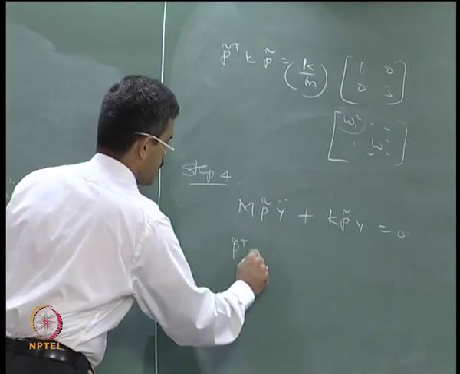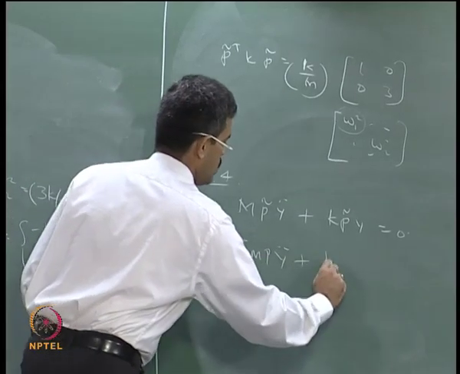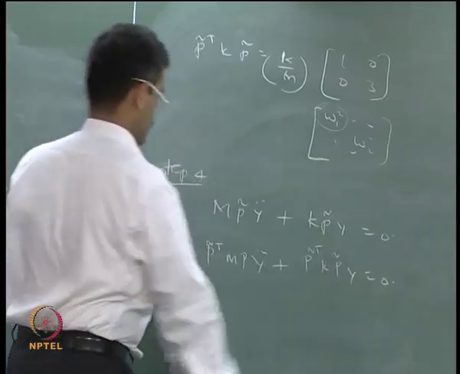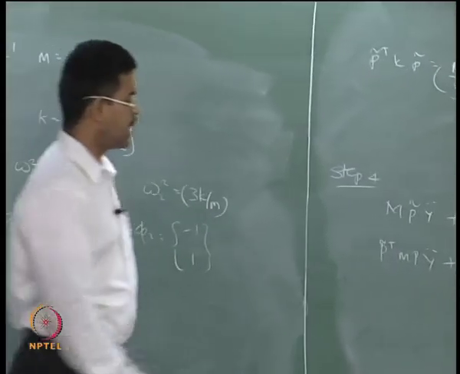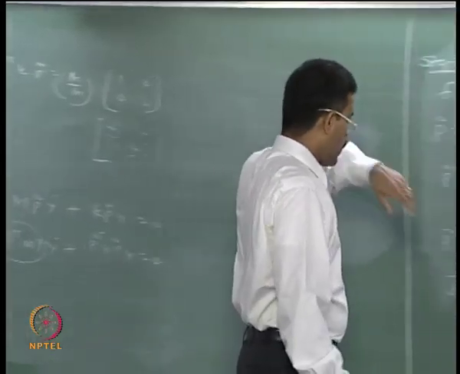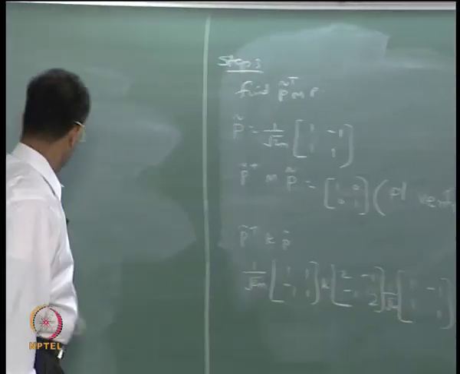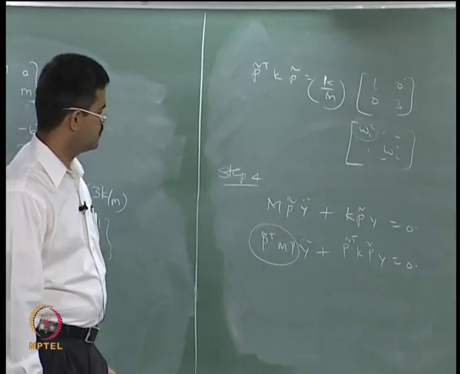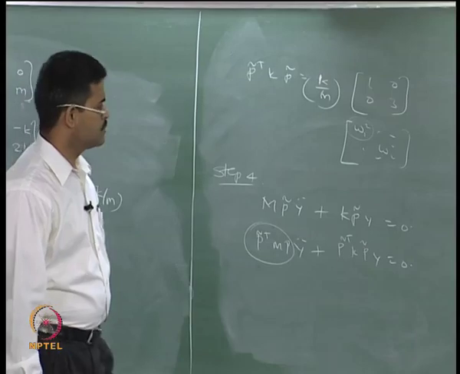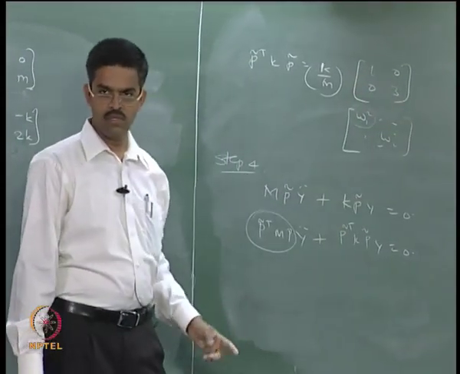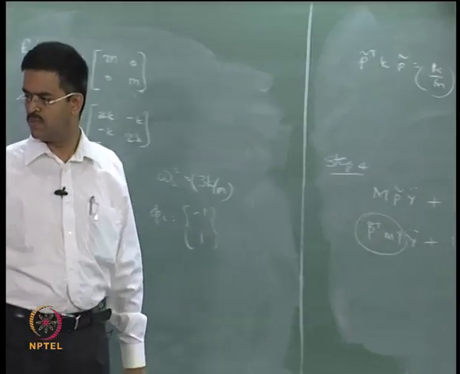So p tilde transpose m p tilde of y double dot plus p tilde transpose k p tilde of y should be 0. I already know this value just now, which is equal to 1001. Is it not? And I already know this value as 1003.